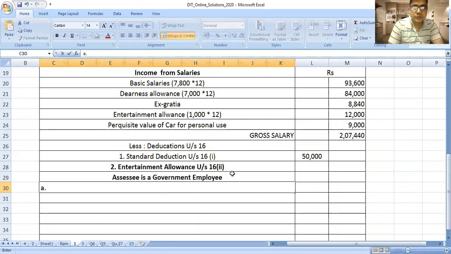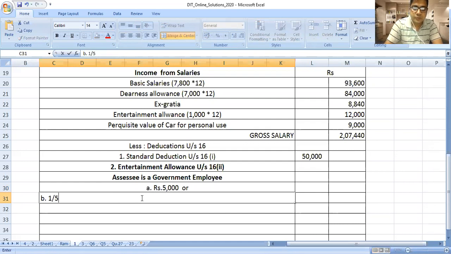A, rupees 5,000. Or B, 1/5 of basic salary.